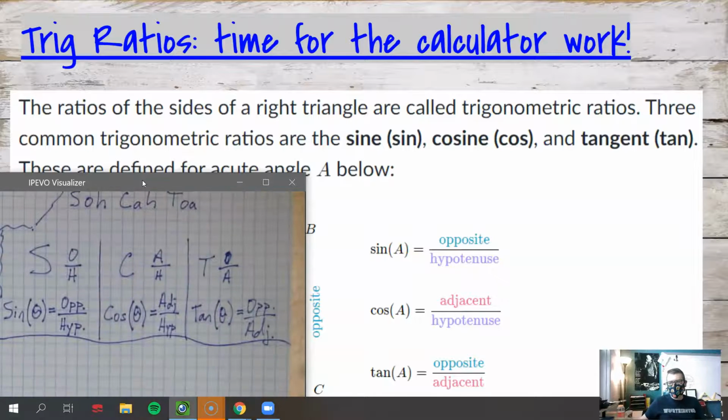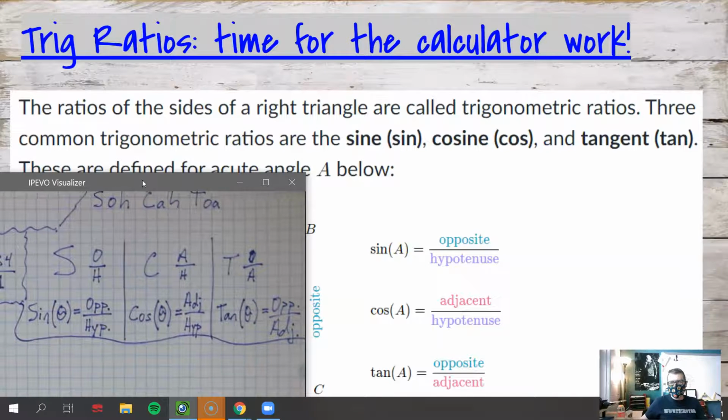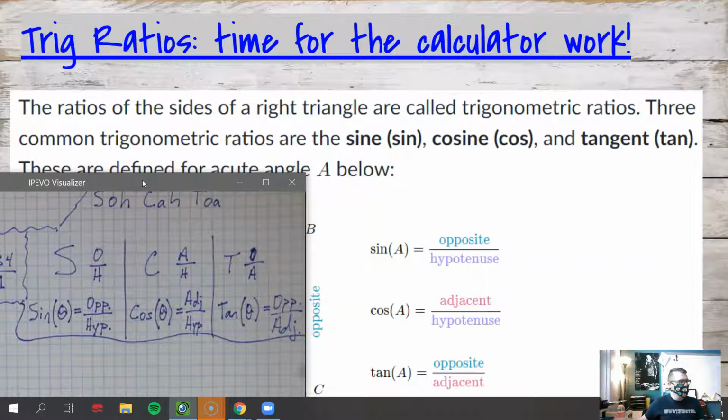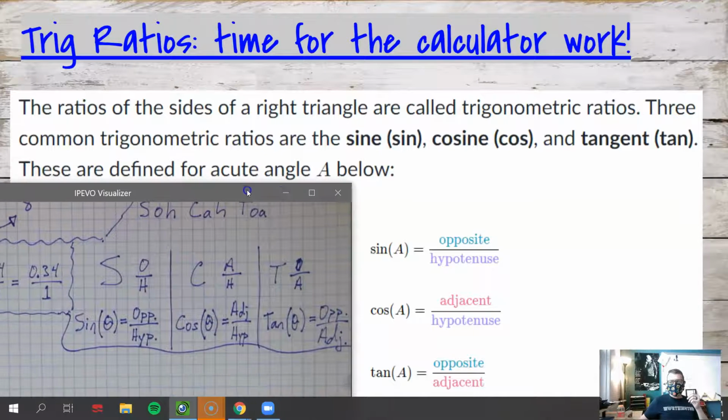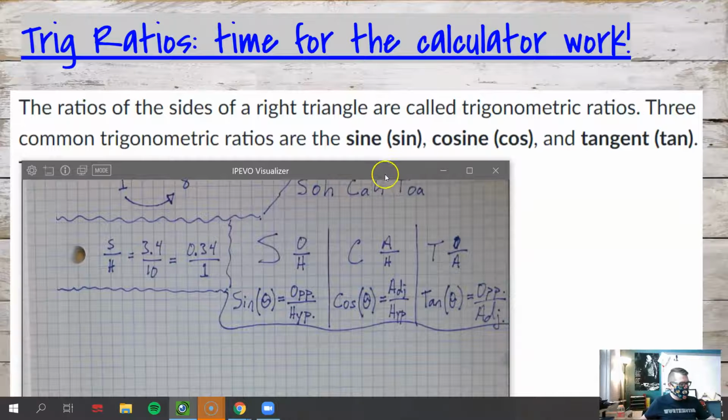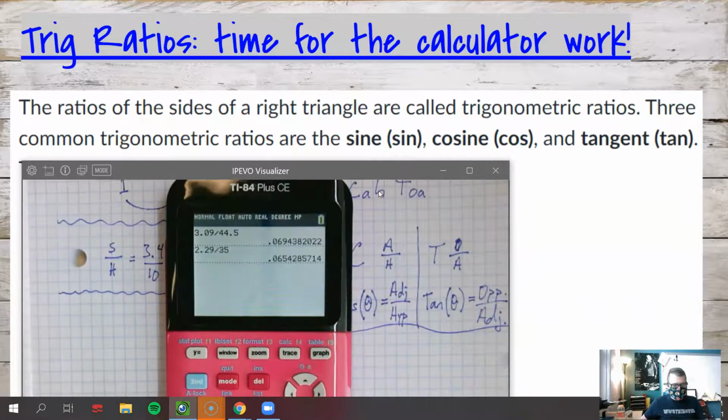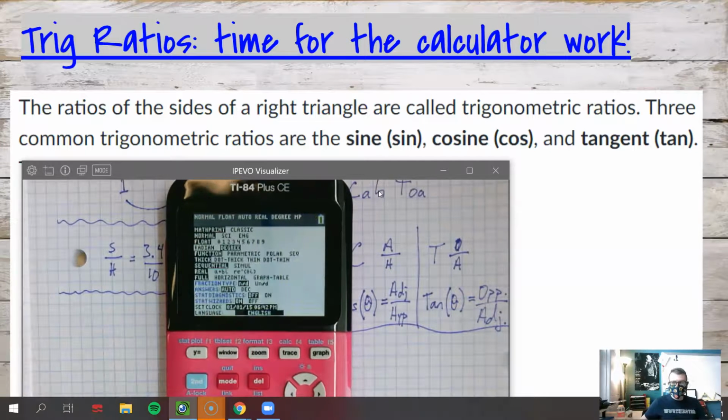Now, what did we say is dangerous when we go to start doing trig in our calculators? What do we have to double check that is set correctly? Radians or degrees in our mode menu. So everyone go to your calculator mode menu before we go any further and check that we are in degrees.